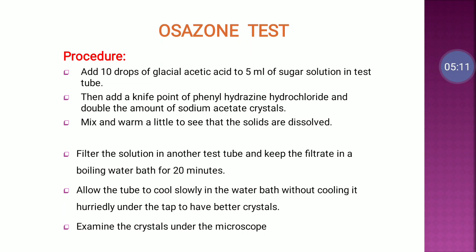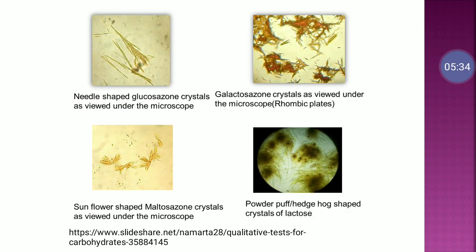Then we will mix the solution and warm it to see whether the solids are dissolved or not. Then we will filter the solution into another test tube and keep the filtrate in boiling water for 20 minutes. After that we will cool the solution and examine it under a microscope.